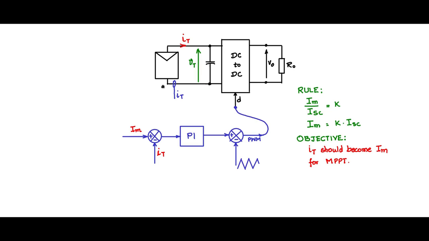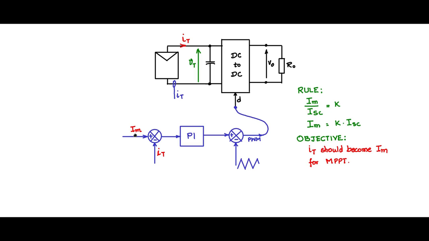Any current can be measured by putting a shunt resistor here and taking the voltage, which is proportional to the current flowing through it, and using that for feedback. Or one can use a Hall sensor and sense the current, even a DC current flowing through the wire, and give that as feedback.